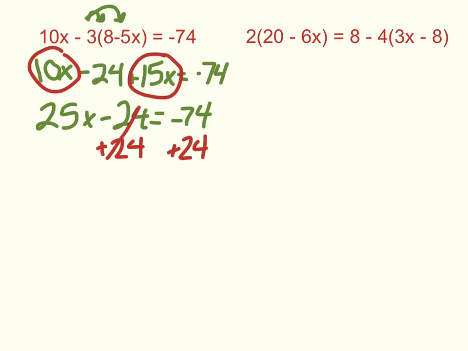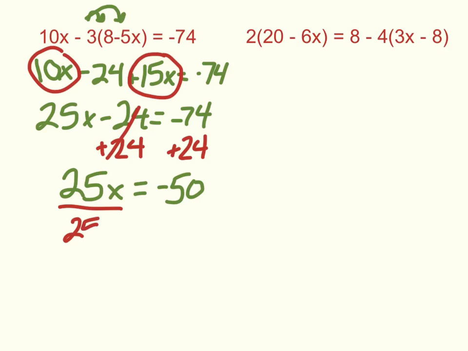Cancel that out. 25x equals -50. And the last thing I do is I divide by 25 because I'm trying to get x all alone, and that's what's left. So my answer is x equals -2.